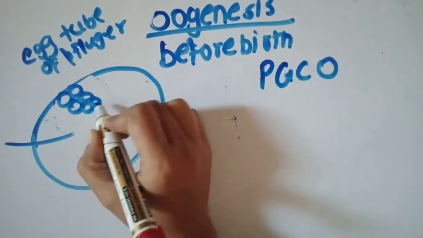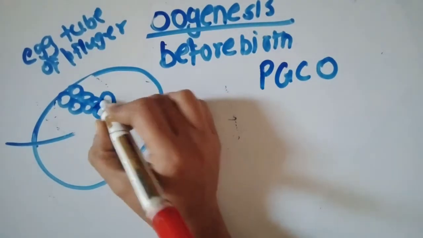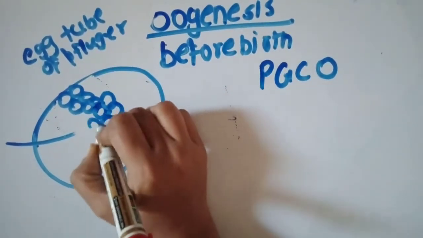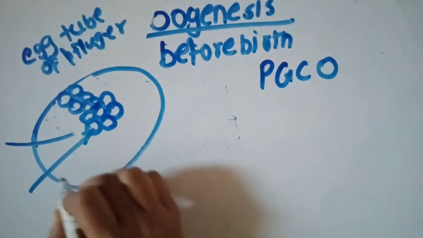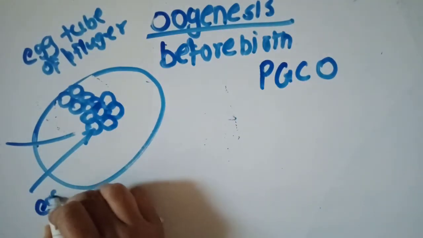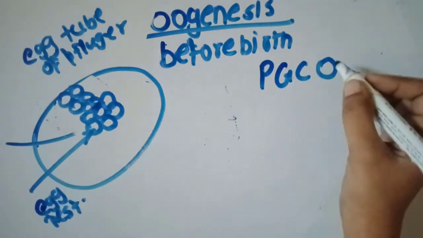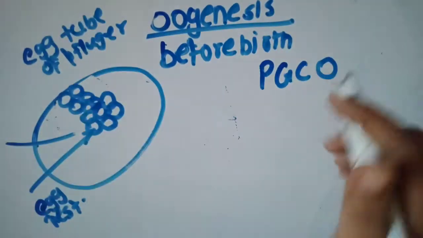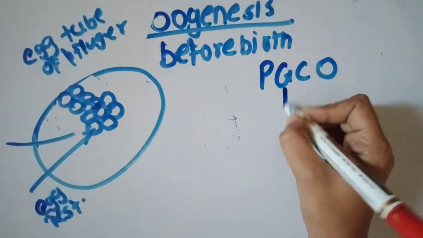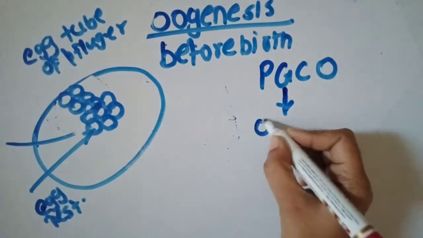And if you see at the end of this cord, the cells form a round mass, where the oogonia are formed. This is called the egg nest. So first of all, here is a primary germ cell, that means the germinal epithelium. The primary germ cells undergo division, and from division an oogonium is formed.